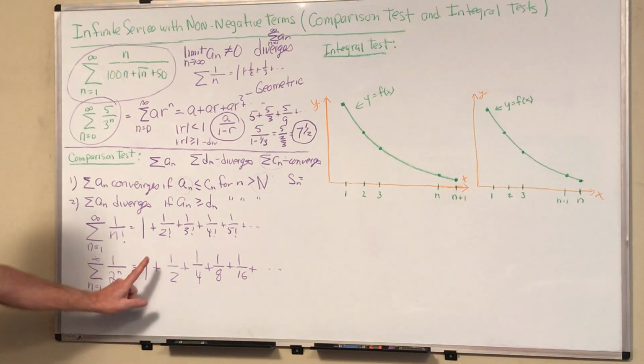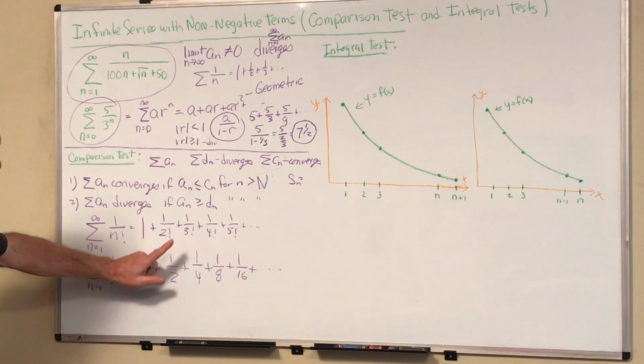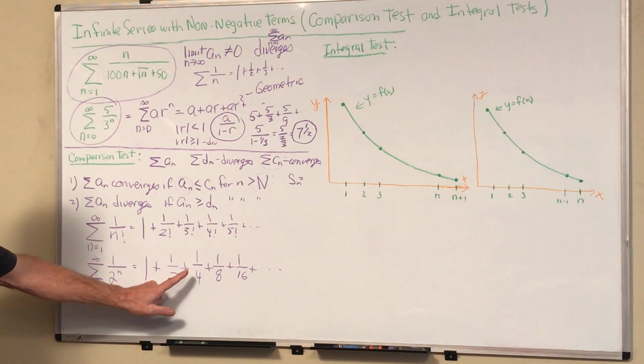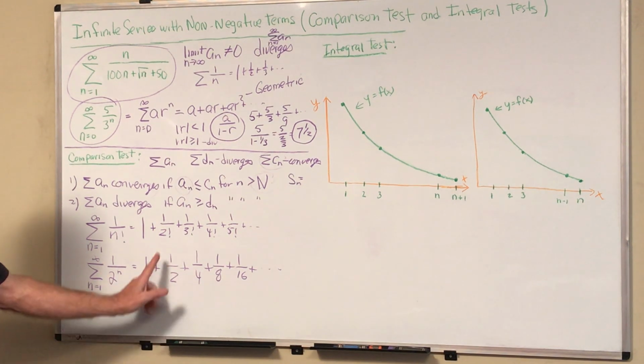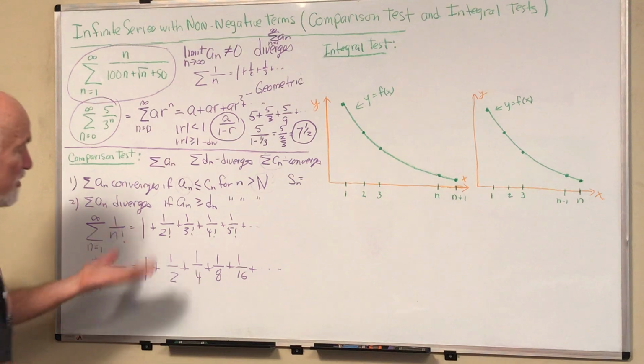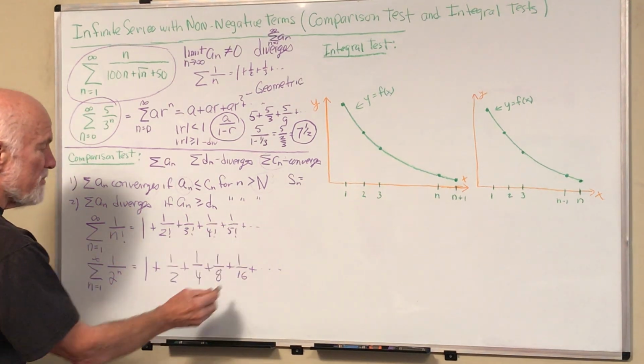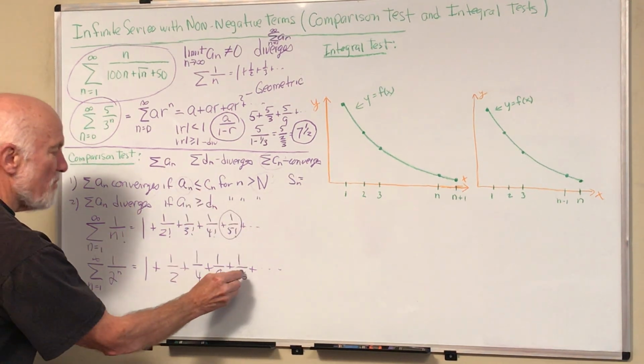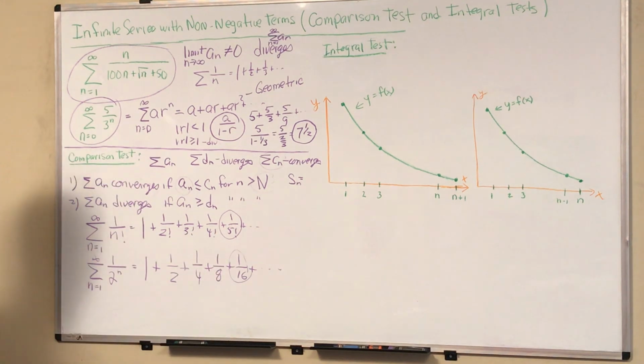You can see for a while these terms here, well, especially once you get to very big numbers, these terms are a lot smaller than these terms. And we know that this is a geometric series with r equals 1/2.